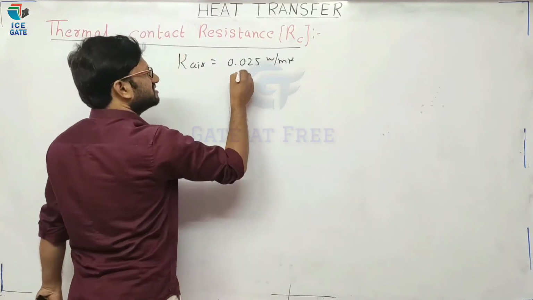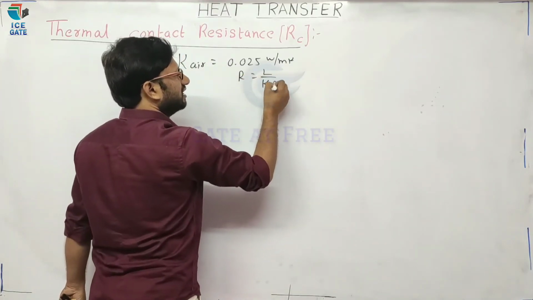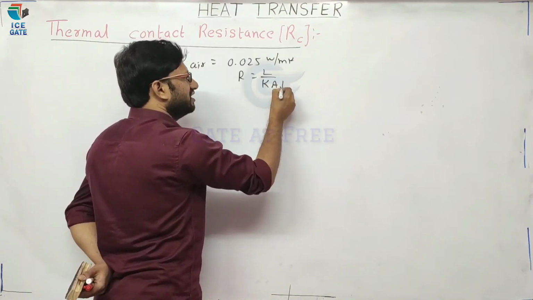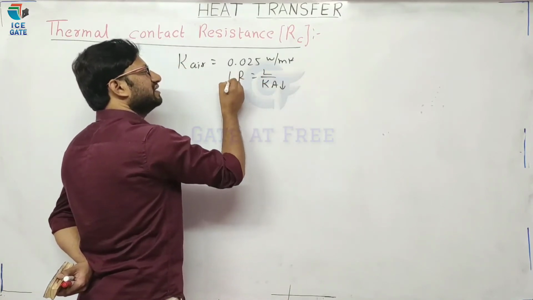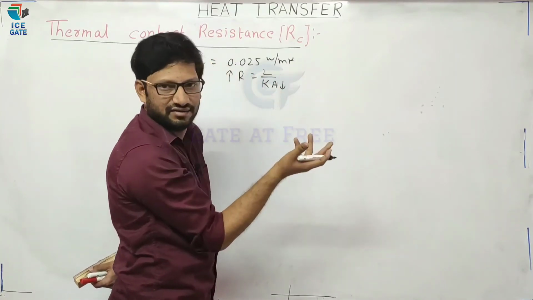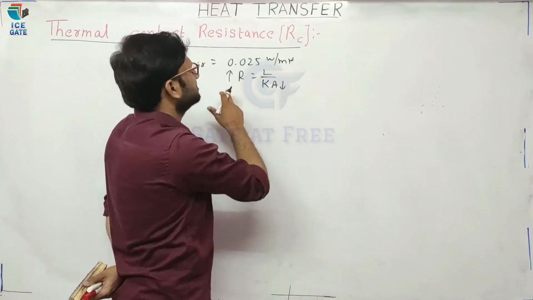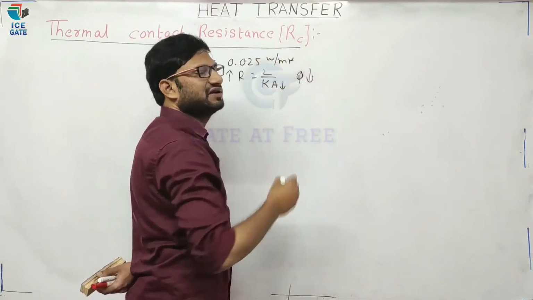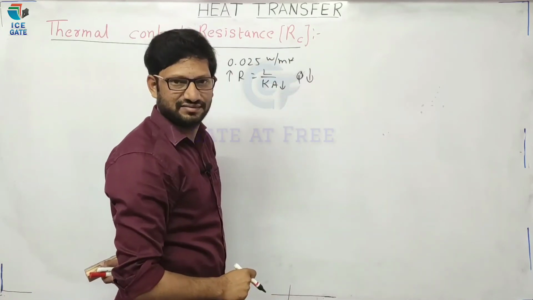We know that resistance is equal to L by KA. If the denominator value is very low, the total value is very high. So thermal resistance is very high, and if thermal resistance is high, obviously the rate of heat transfer will decrease.